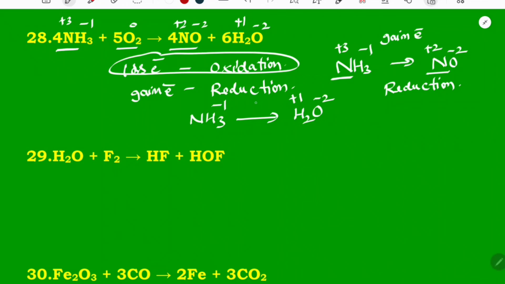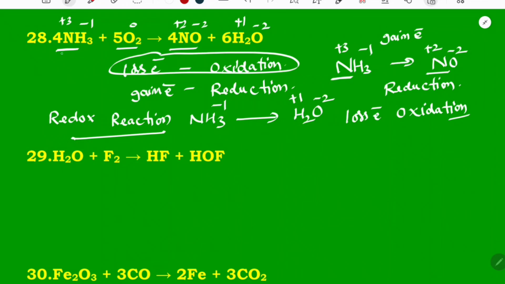How many electrons are lost? Loss of electrons. So loss of electrons means that is oxidation. So this reaction is a redox reaction.